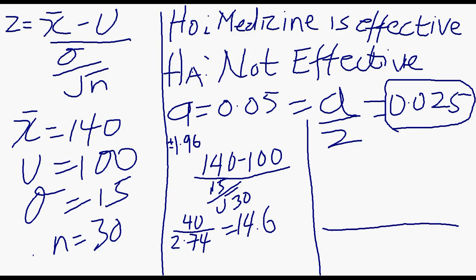So when we draw our curve, negative 1.96, the rejection region is here, and do not reject here.